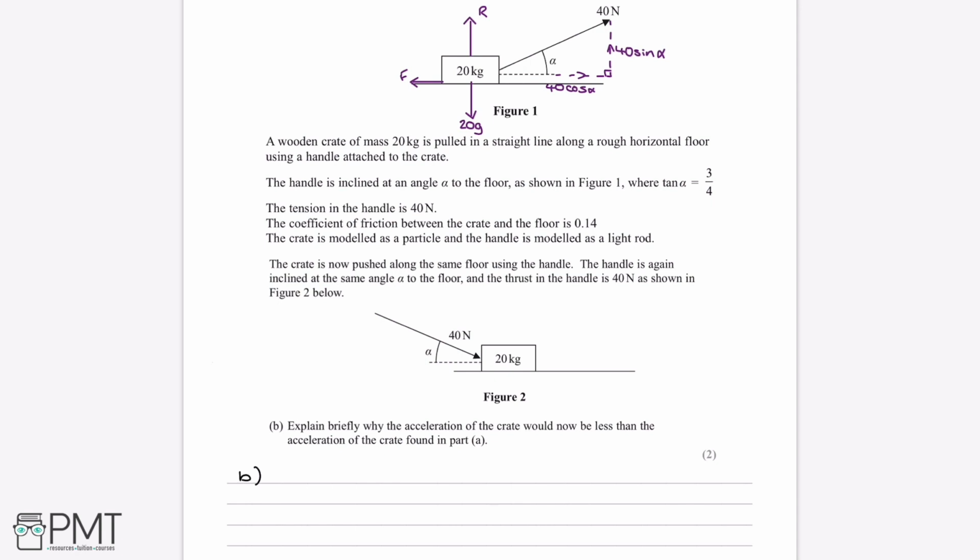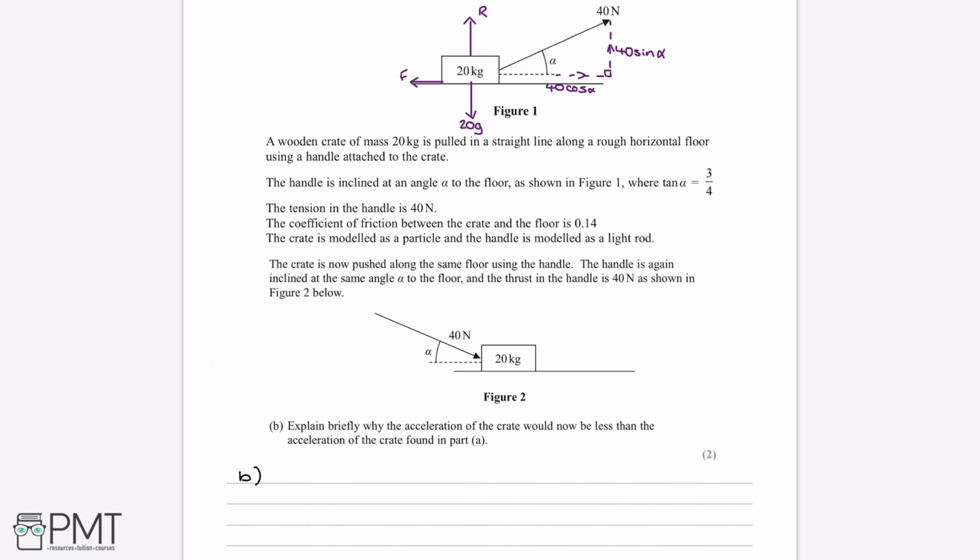So we can see the difference between figure 1 and figure 2 is that in figure 1, the tension acts outwards in this direction, out and up, whereas in figure 2, the thrust is now acting in towards the crate, and it's acting downwards.